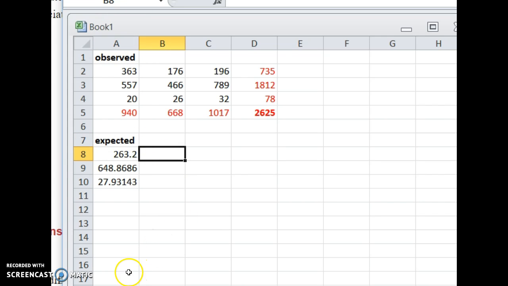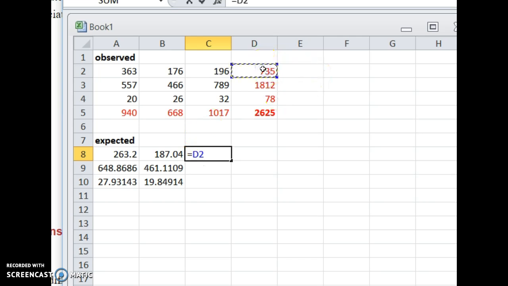Okay, go through the same thing. So let me go ahead and pause. Okay, I've got enough degrees of freedom here. Equals row or column, subtract value, equals row total, subtract value, and then this one I can just click and drag.